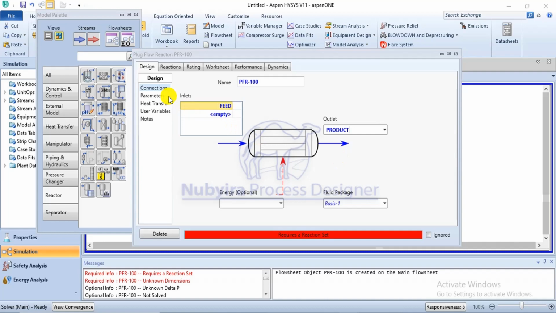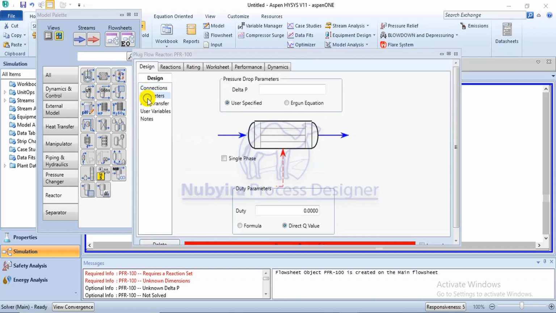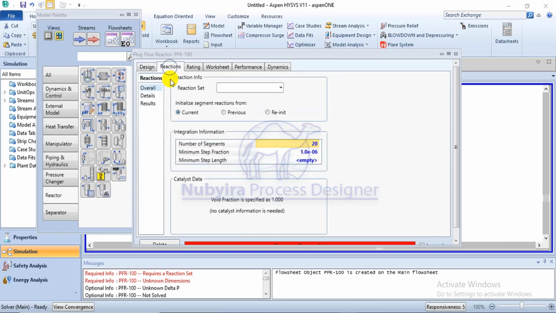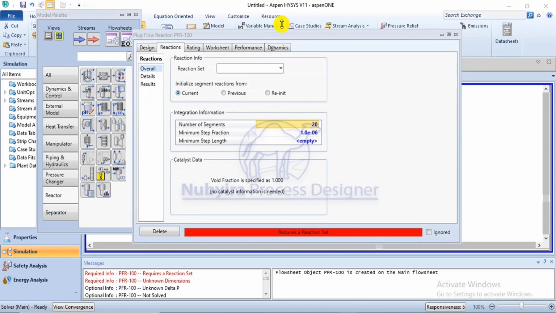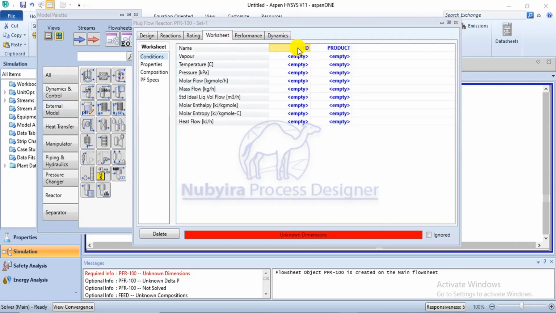Our feed and our product, then we can attach our reaction set as set 1. It says unknown dimensions, but before we get to the dimensions, let's specify our feed.